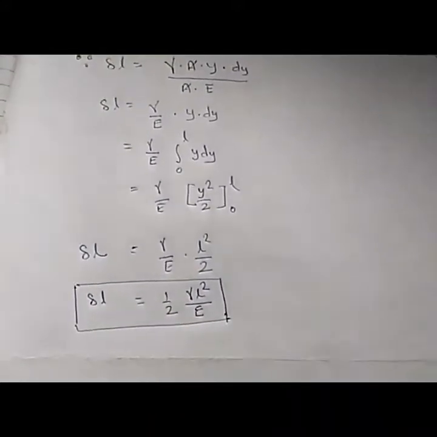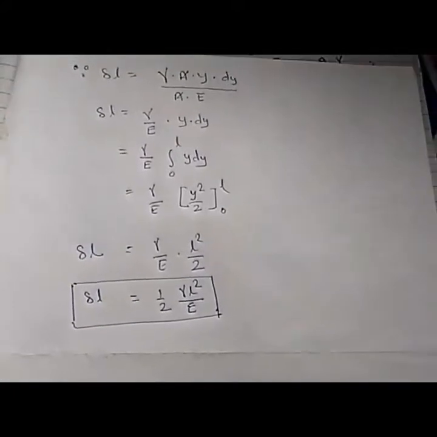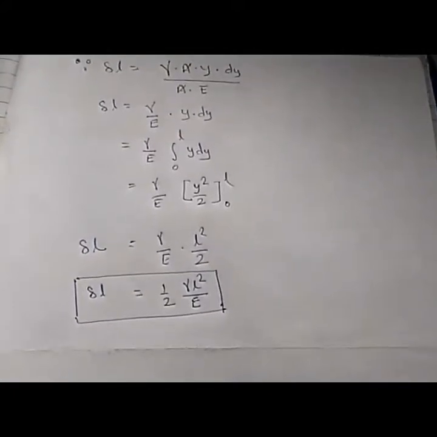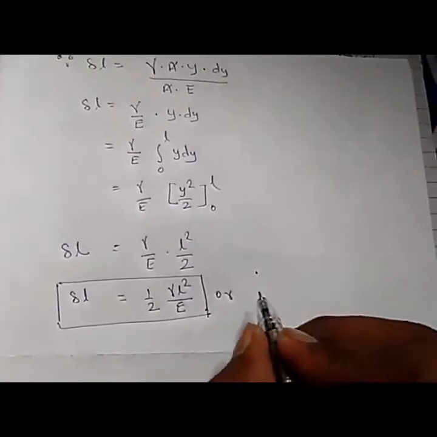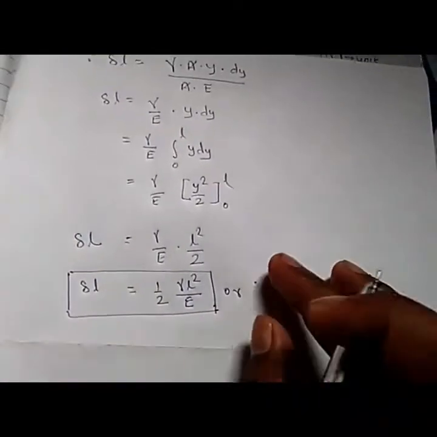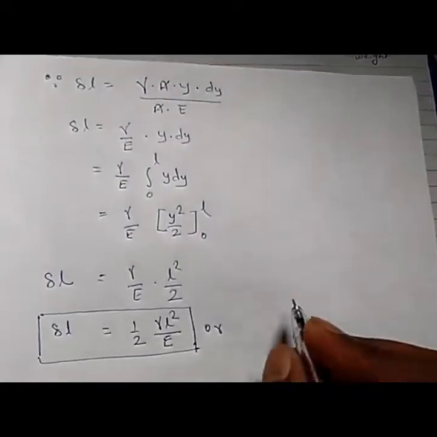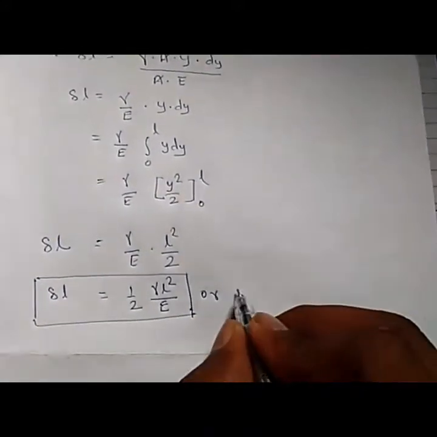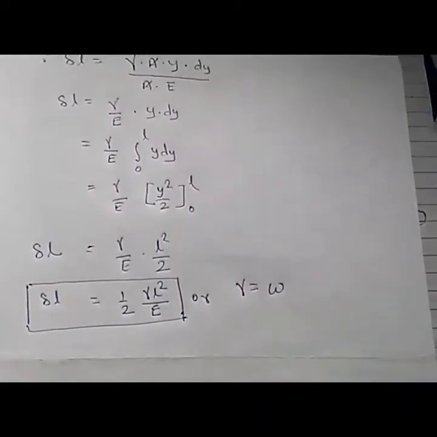This is the equation for total elongation of the bar due to its self-weight. In some books the unit weight of the bar is also written as small w.